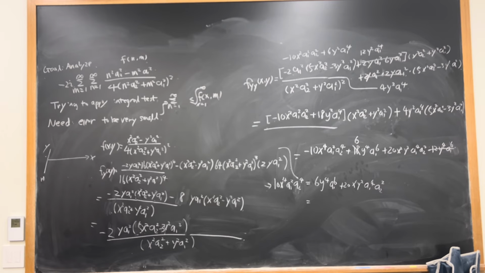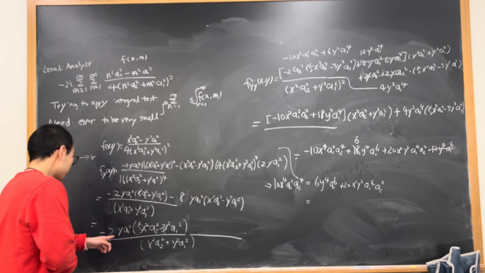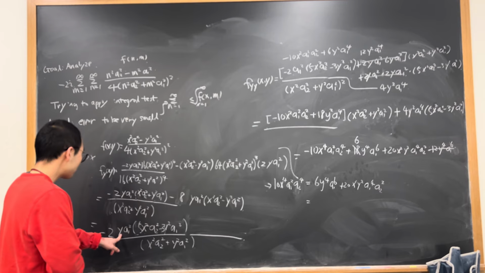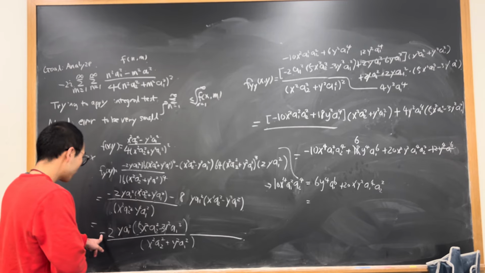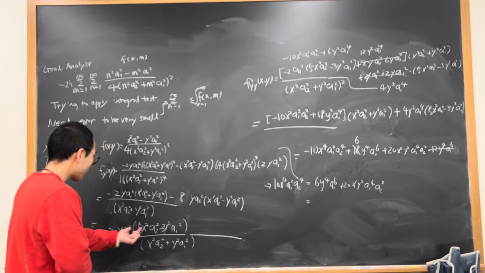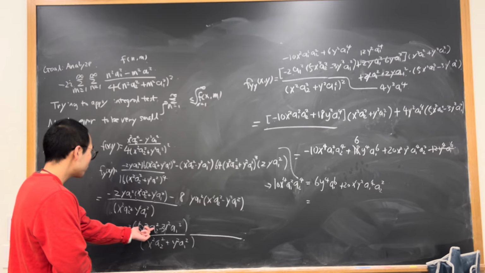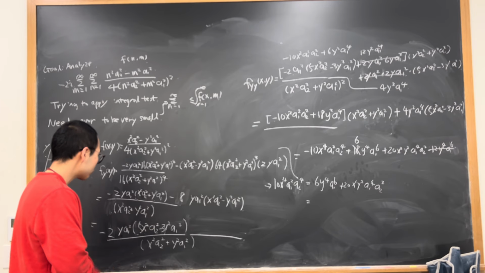I think it's increasing, right? Yeah, it will be increasing, because this y is positive and this is negative. So this negative sign cancels out with this negative sign, so basically you just ignore that. This is also positive.